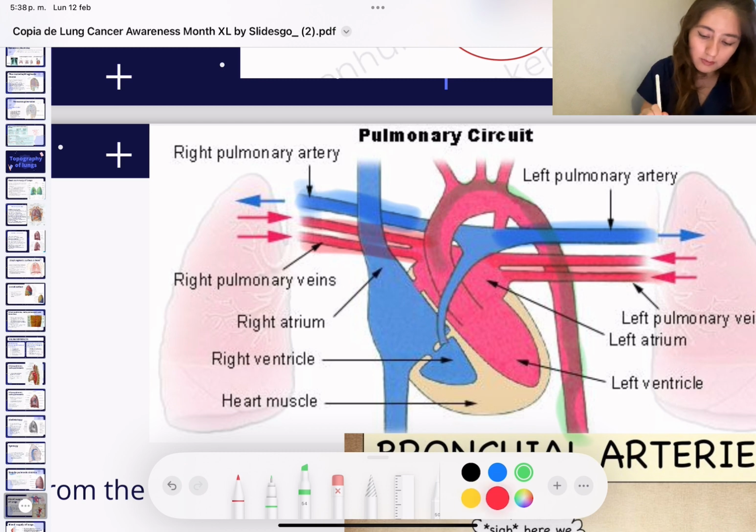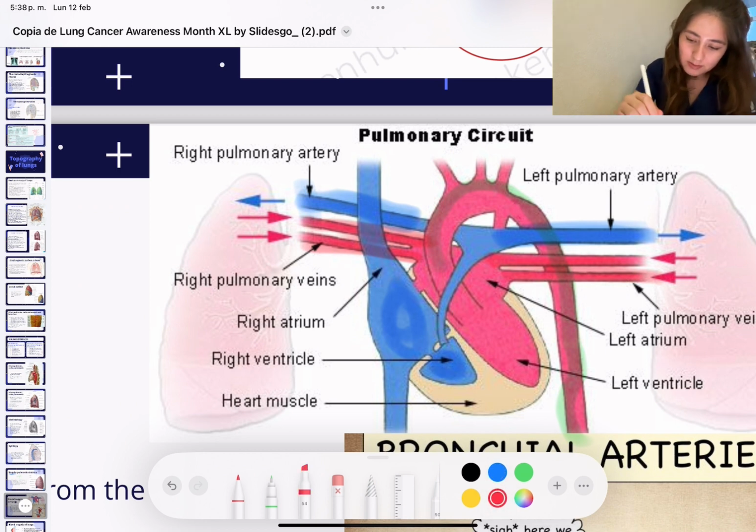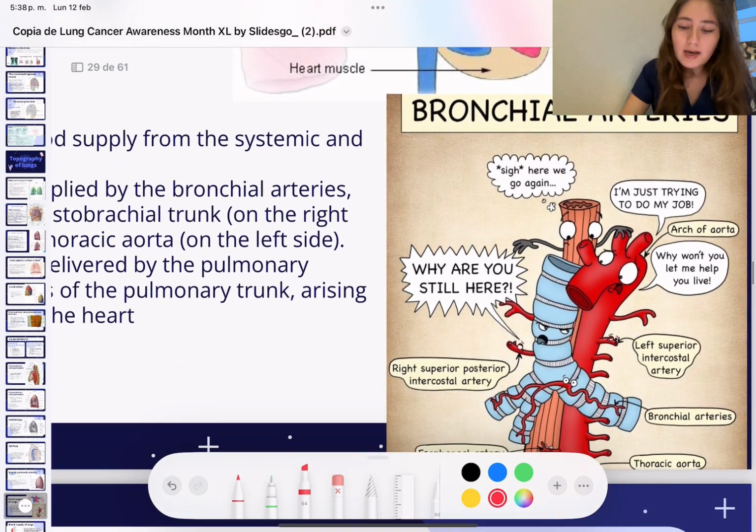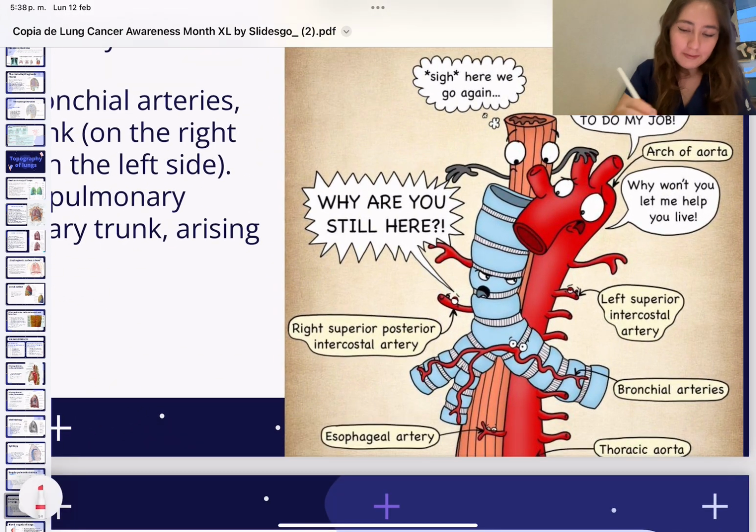Here we have right atrium, right ventricle, left atrium, left ventricle. That's the pulmonary circuit. And for the bronchial artery, we have some structures like the esophagus.